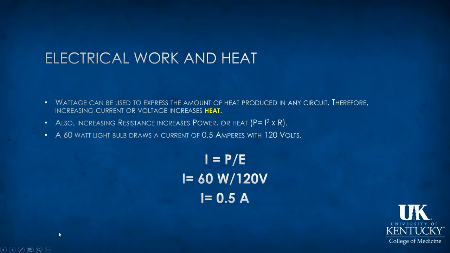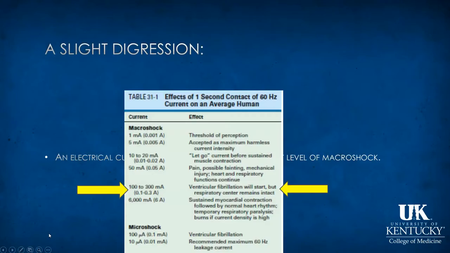Half an ampere is a very small fraction of the current that the circuit will allow before a circuit breaker will trip. However, as you can see, the effects of 1 second contact of 60 cycle alternating current on an average human requires very little amperage or current to cause damage.